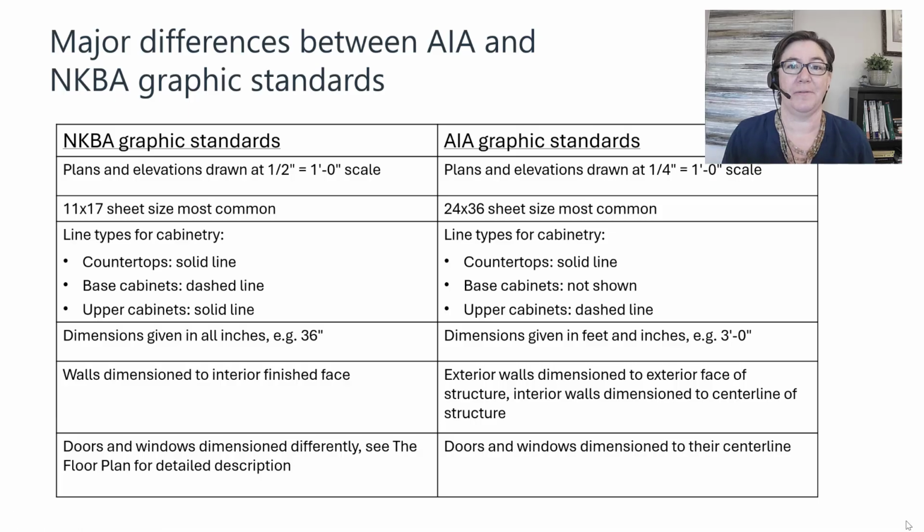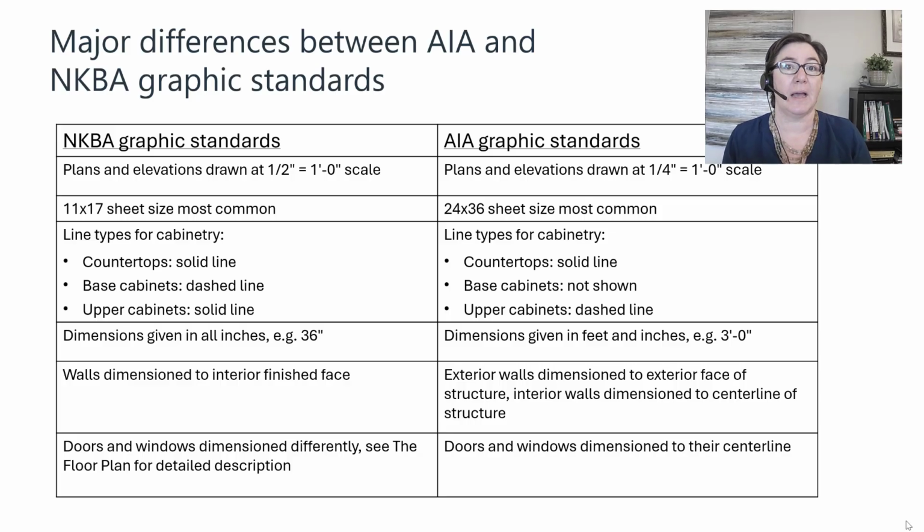There are some major differences between those AIA and NKBA graphic standards, and I've got them laid out for you here. Let's look first at the scale of your drawings. AIA draws plans and elevations at 1/4 inch scale. NKBA is typically doing smaller, more detailed projects, and so those plans and elevations are drawn at a larger scale, 1/2 inch equals a foot.